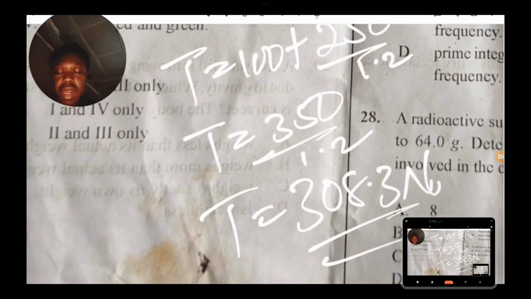Please, if you have any issues, let me guide you. You can decide to solve 250 divided by 1.2 before you add to 100. It will help you out perfectly. Is that clear? So that is that for this.